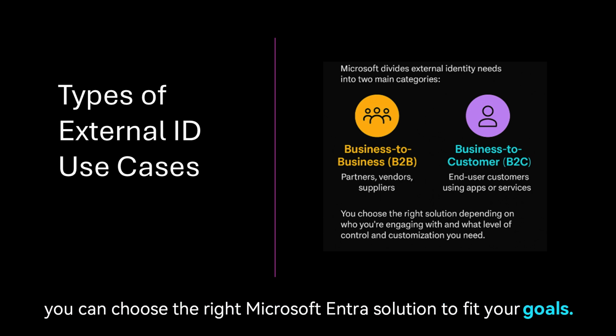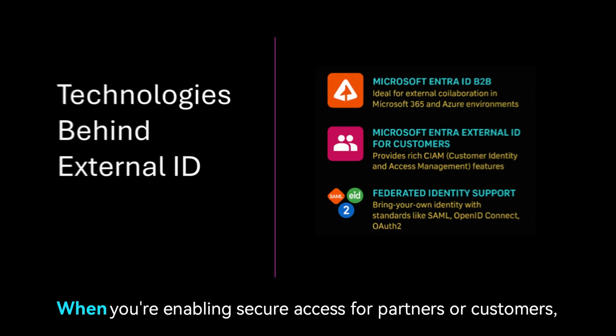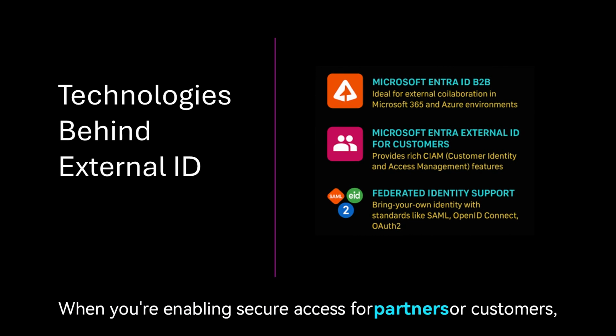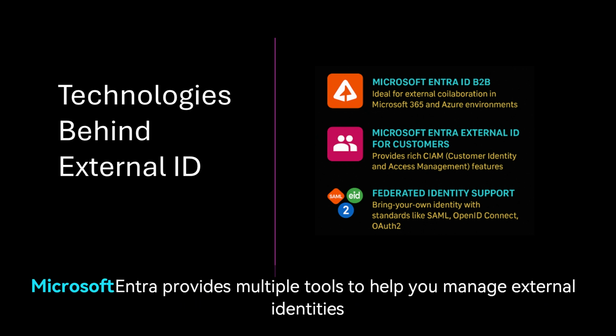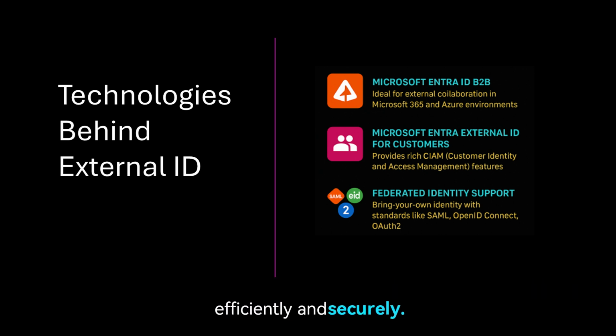When you're enabling secure access for partners or customers, you rely on the right set of technologies to make it seamless. Microsoft Entra provides multiple tools to help you manage external identities efficiently and securely.